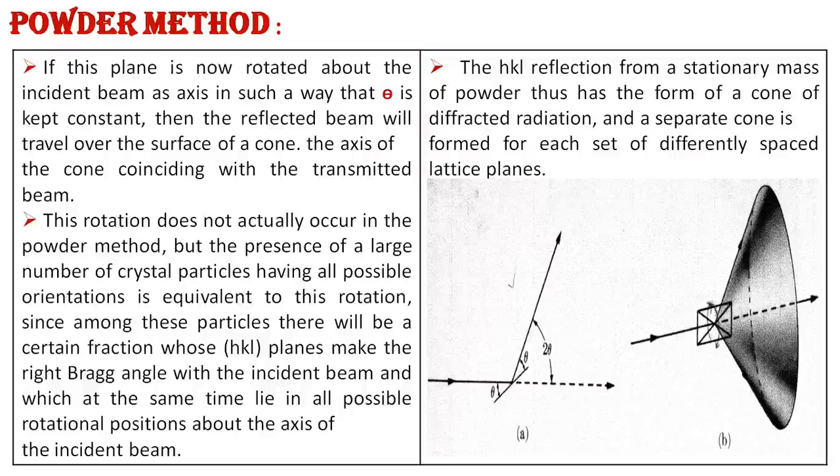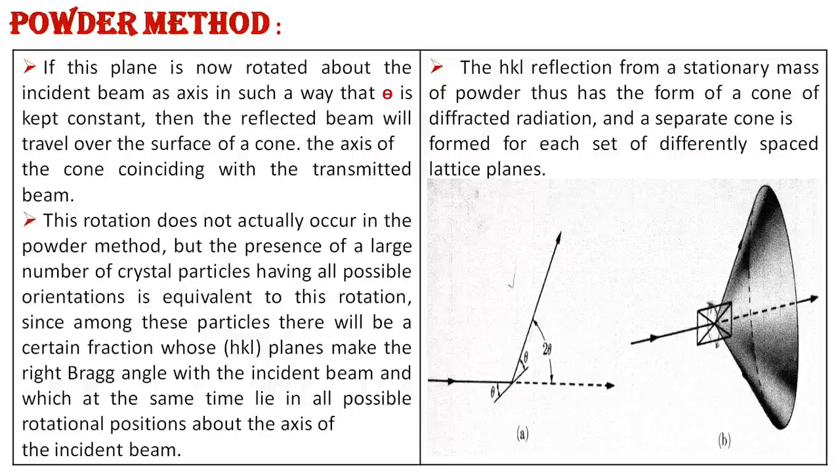This rotation does not actually occur in the powder method, but the presence of a large number of crystal particles having all possible orientations is equivalent to this rotation, since among these particles will be a certain fraction whose hkl planes make the right Bragg angle with the incident beam and which at the same time lie in all possible rotational positions about the axis of the incident beam.